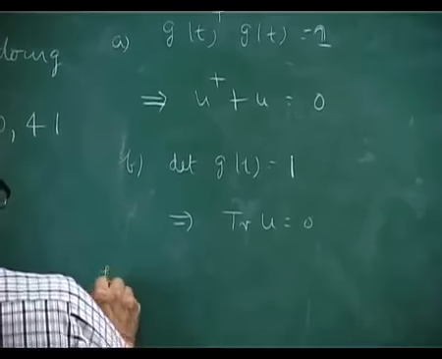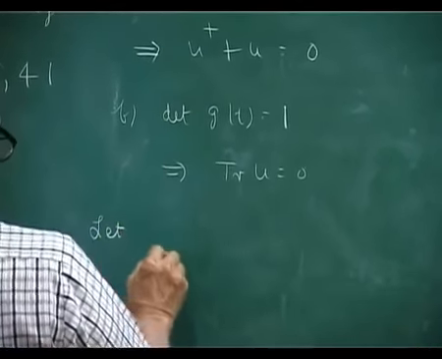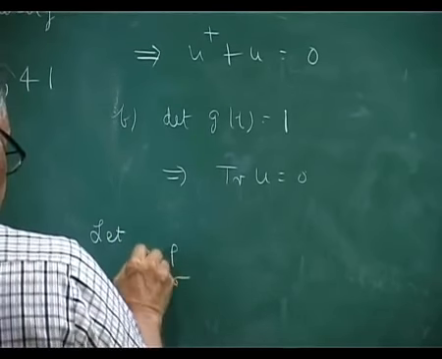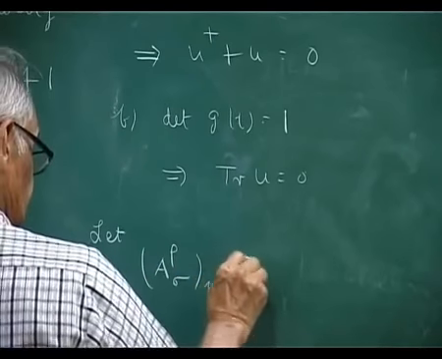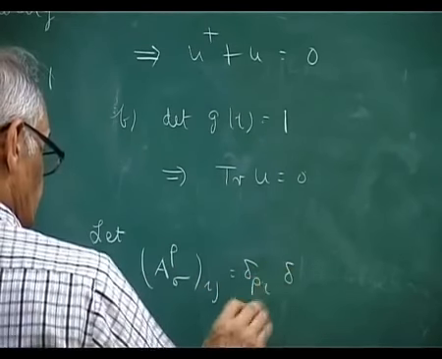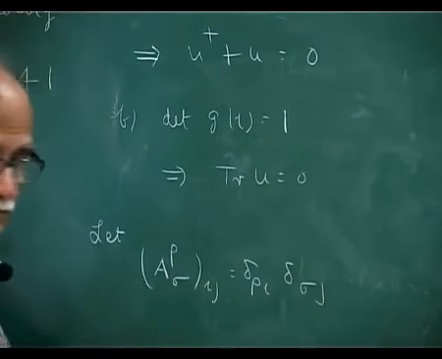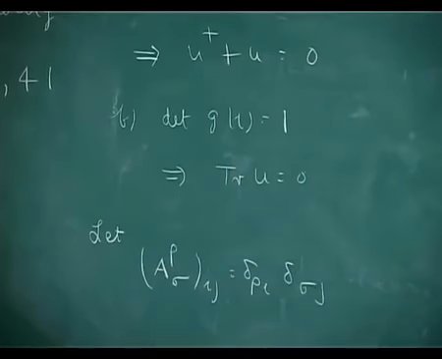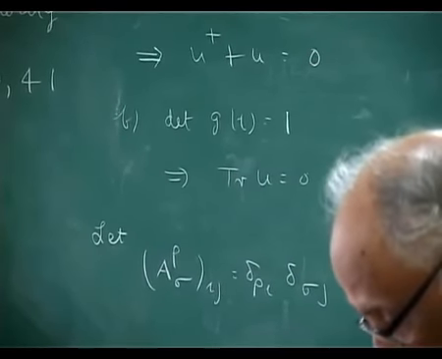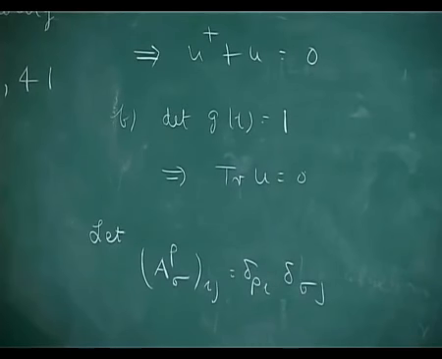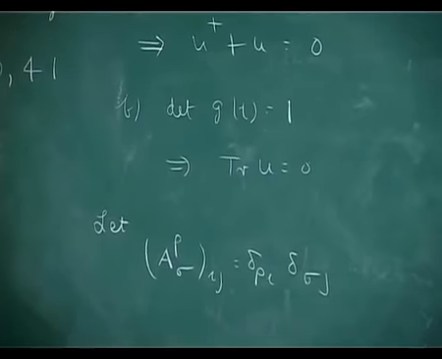So what we do is, we are still in the defining representation, and (A rho sigma)_ij is delta rho i delta sigma j. These are just the matrices where the entry in the rho row and sigma column is 1 and it is 0 elsewhere.